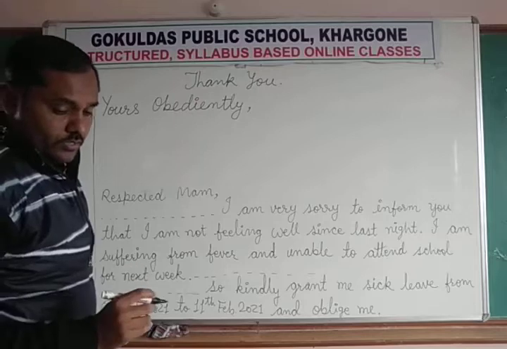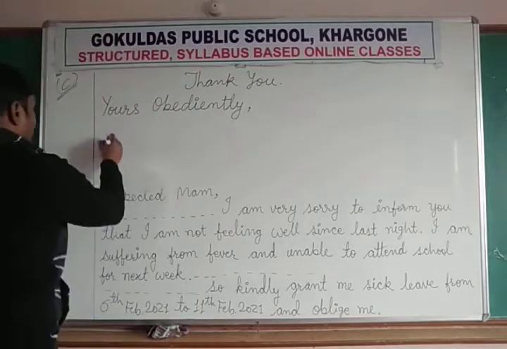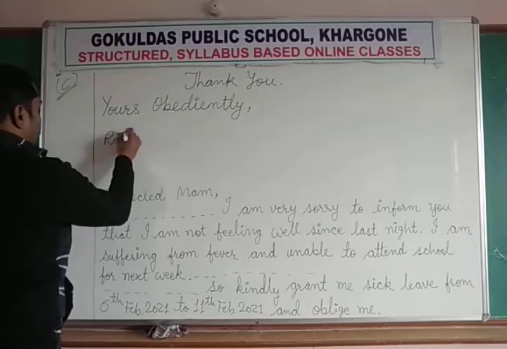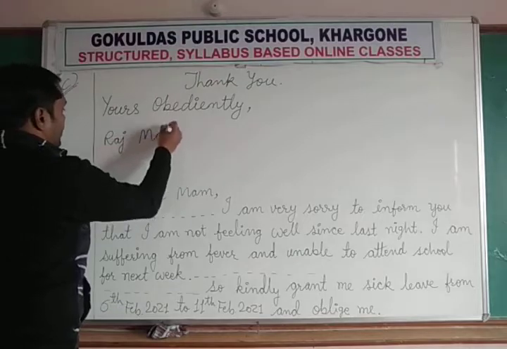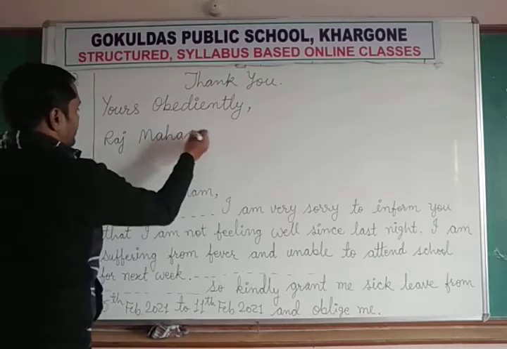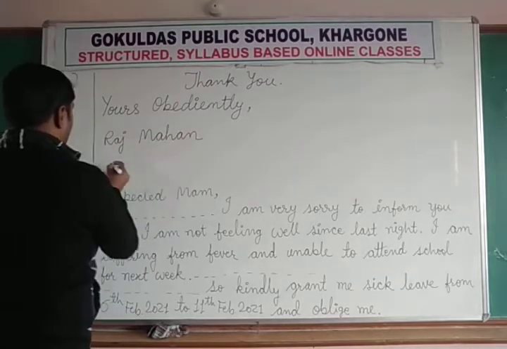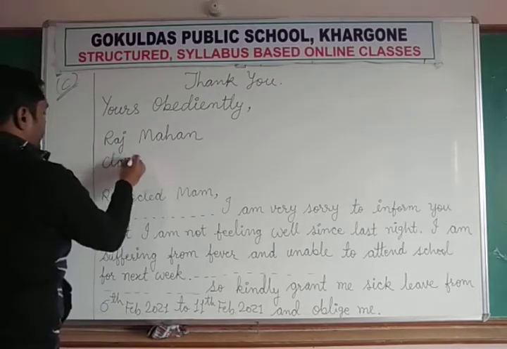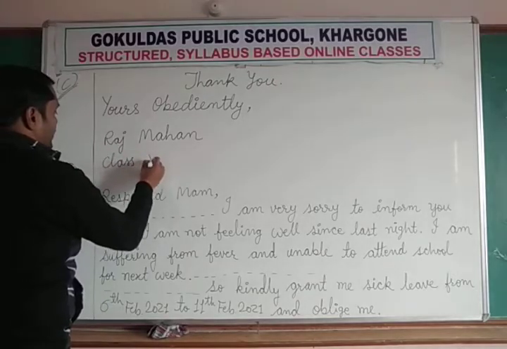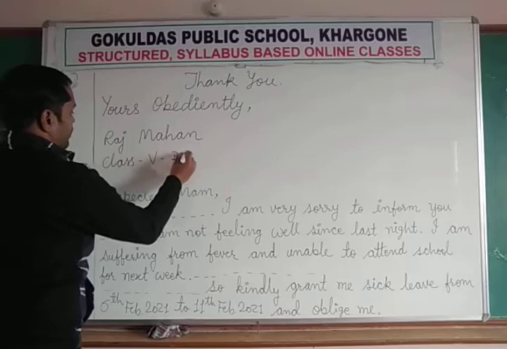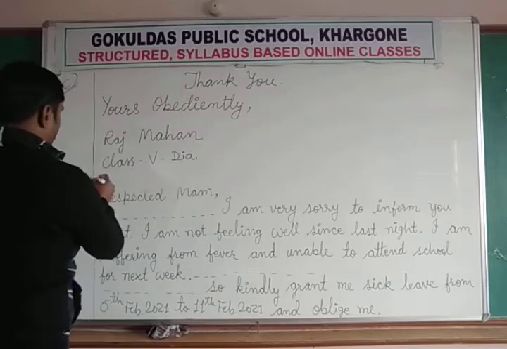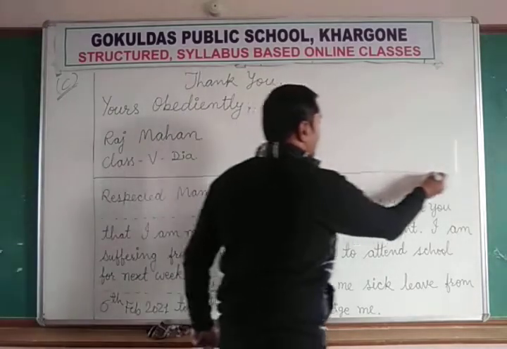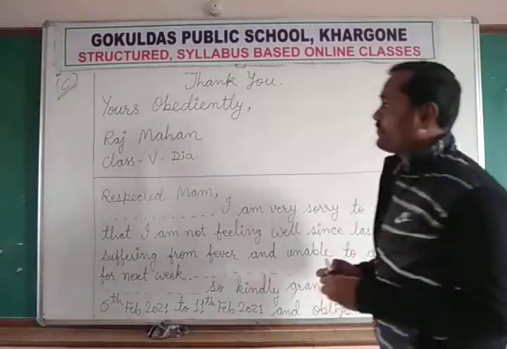Suppose the name is Raj or Ravi. Any name you can write. Mahajan. Then class. Which class do you belong? My class is 5th. Suppose 5th Diamond. So here your letter ends.